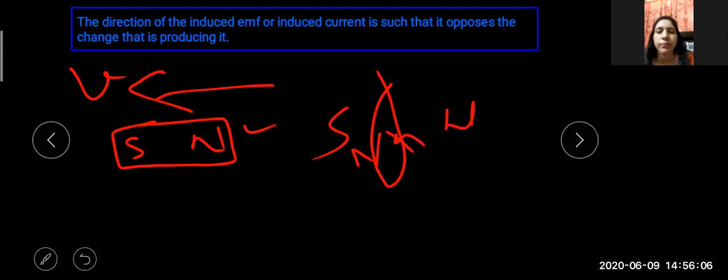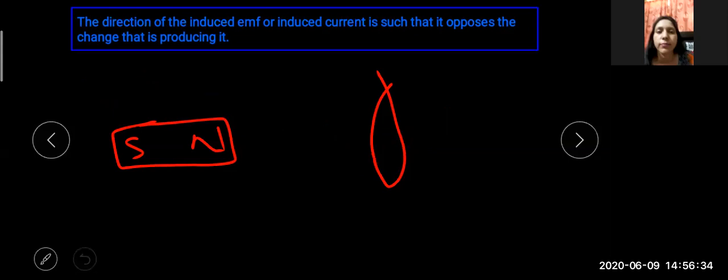While in the previous case, we saw that induced current flows in anti-clockwise direction. So in this condition, induced current is flowing in clockwise direction to produce a flux through the loop to the right. The loop therefore becomes a magnetic dipole with south pole on its left face and north pole on its right face. Okay. So I hope this is clear to you.